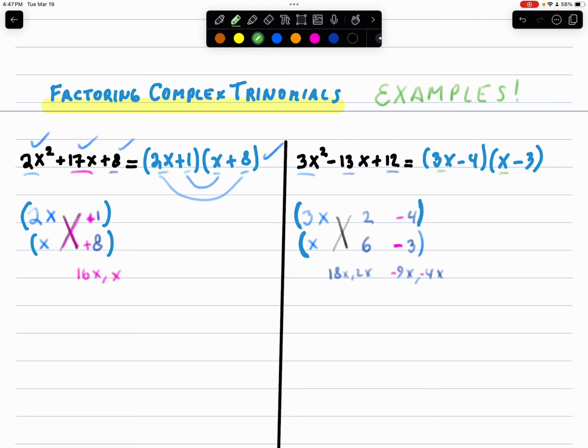And I got 3x times x gives me 3x squared, perfect. Then minus 4 times minus 3 gives me plus 12, that's great that the signs work. And minus 4 and minus 9 gives me minus 13. Indeed, this was the answer. Now let's move on to the next video. We get some slightly bigger numbers and other funky things that could happen.